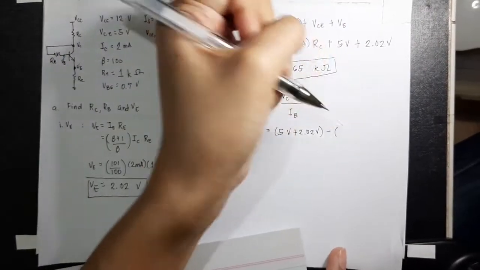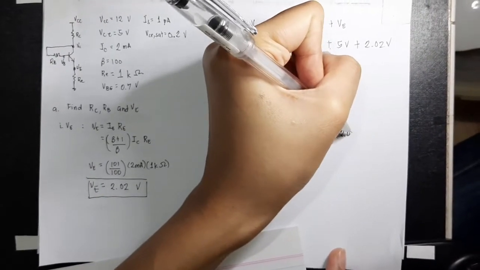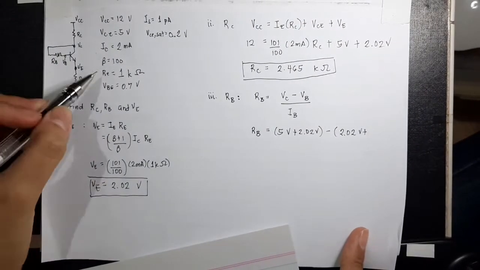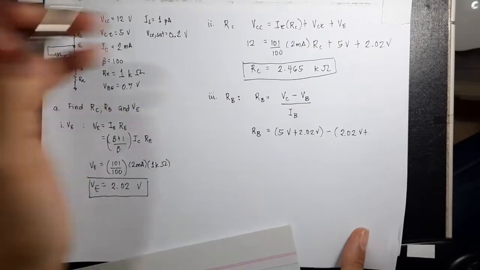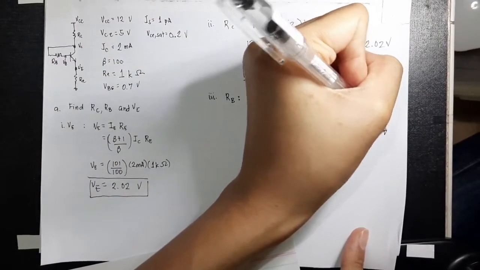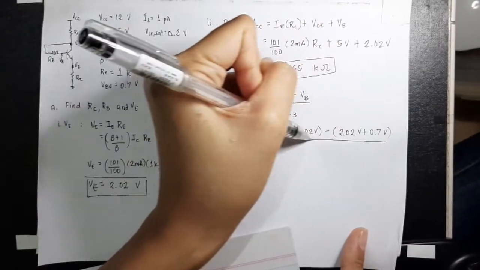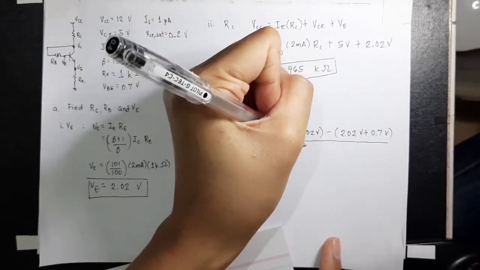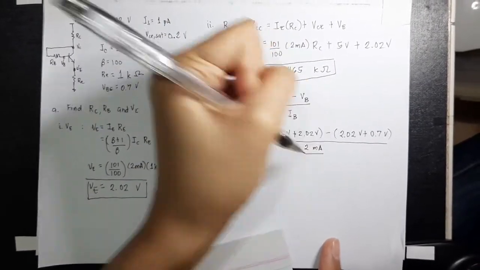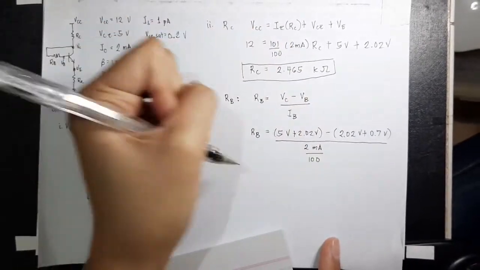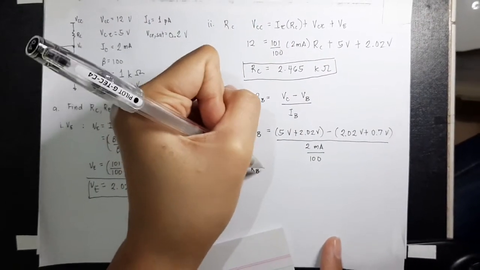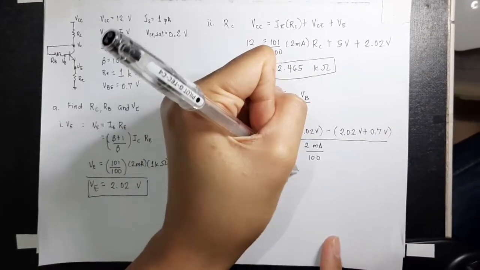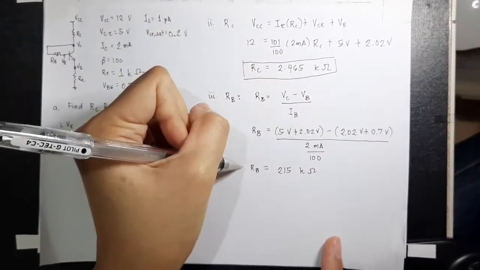So, we have VE of 2.02 volts plus VBE, given value 0.7 volts, all over IB, or IC over 100, 2 milliamps over 100. So, RB now is equal to 215 kilo ohms.